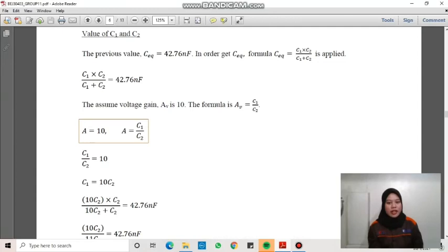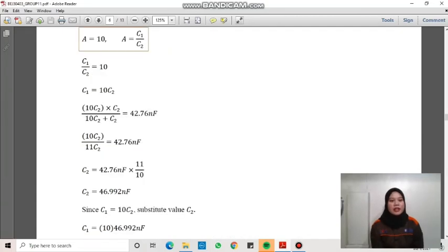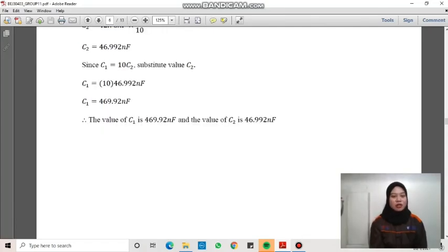A, known as voltage gain, is C1 over C2. Since A is 10, C1 over C2 is 10. We get the general equation C1 is 10 C2. By solving the equation for C2, we get C2 approximately 47 nanofarad. Since C1 is equal to 10 C2, we substitute the value of C2 into C1.